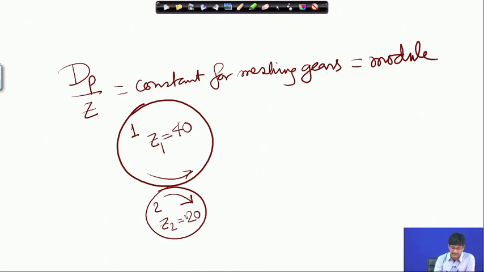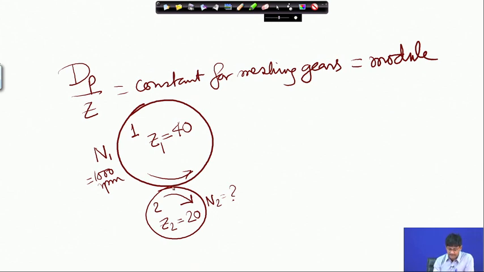In that case, if N1 is given to be 1000 RPM, what is N2 equal to? What is the value of N2? So, how do we solve it?